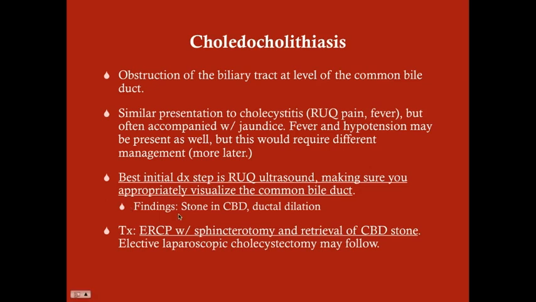And what you'll find is a stone in the common bile duct as well as ductal dilation. The treatment for choledocholithiasis is an ERCP, endoscopic retrograde cholangiopancreatography, I believe that stands for, with sphincterotomy and retrieval of the CBD stone.